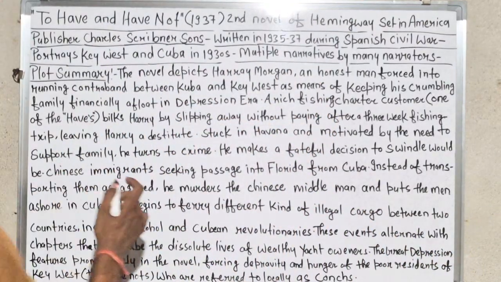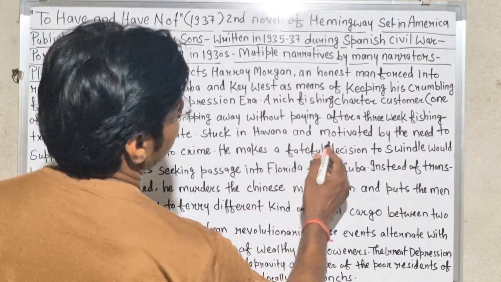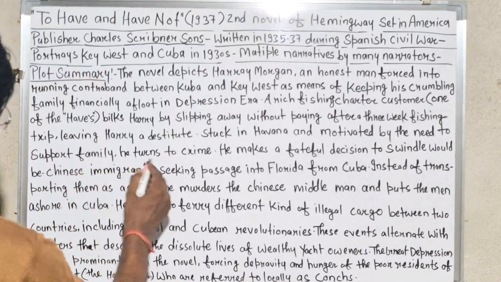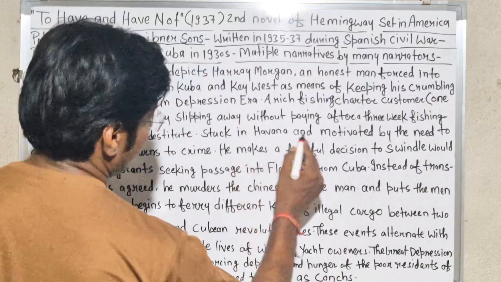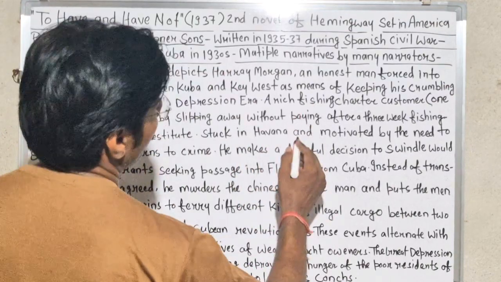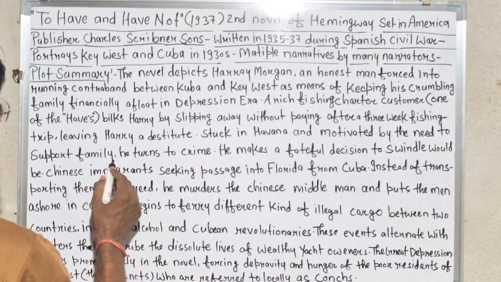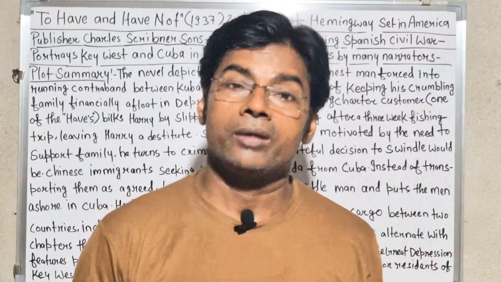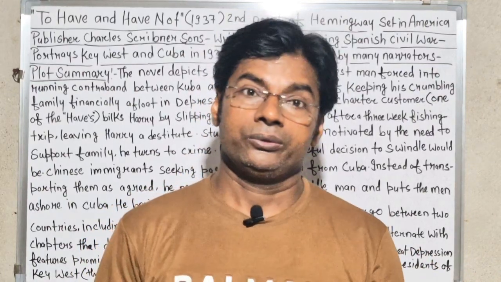Stuck in Havana and motivated by the need to support his family, he turns to crime. See, he is stuck in Havana, away from his own home, and now he is motivated by the need to support his family. He turns to crime. Why does he resort to crime? Because he has no way left.